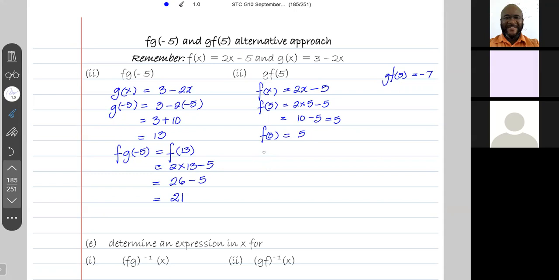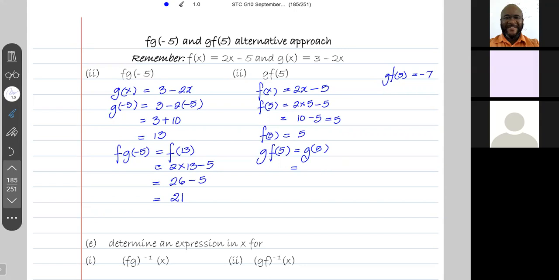And so g of f of 5 is the same as saying g of 5, and that is because f of 5 is 5. So g of f of 5 is equal to g of 5.